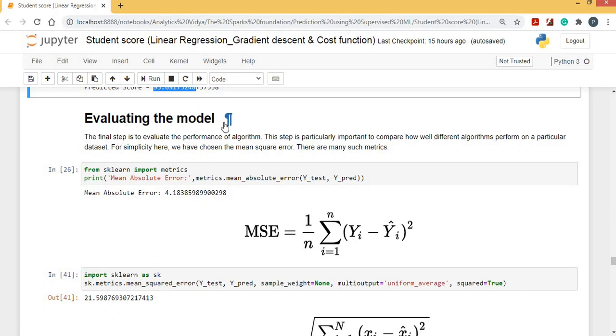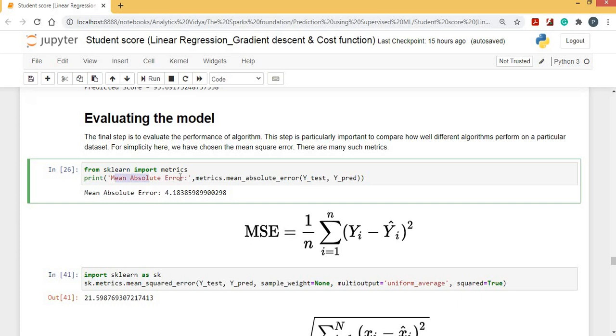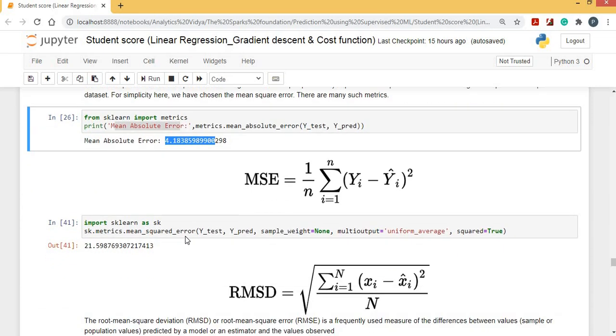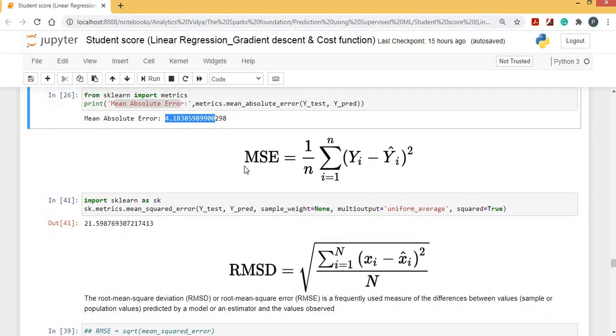So now let's evaluate the model. There is a formula for MAE, the mean absolute error, which is 4.18, and I mentioned above that I'll also be explaining the MSE. The main terminology is called RMSE. So we'll be taking the root of MSE, which will be RMSE.